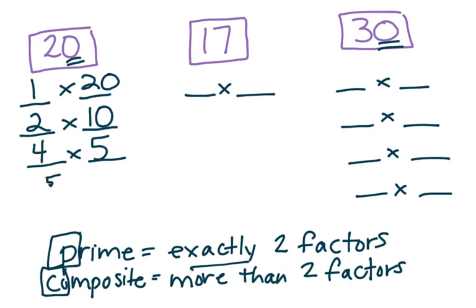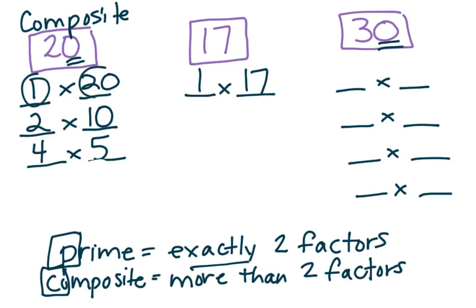And then my next one would have been 5 times 4. And there's my turnaround fact. So I know I don't want to include that one, but now I have them all. By the way, this is called composite because there are more than 2 factors. There are 1, 2, 3, 4, 5, 6 factors for the number 20.